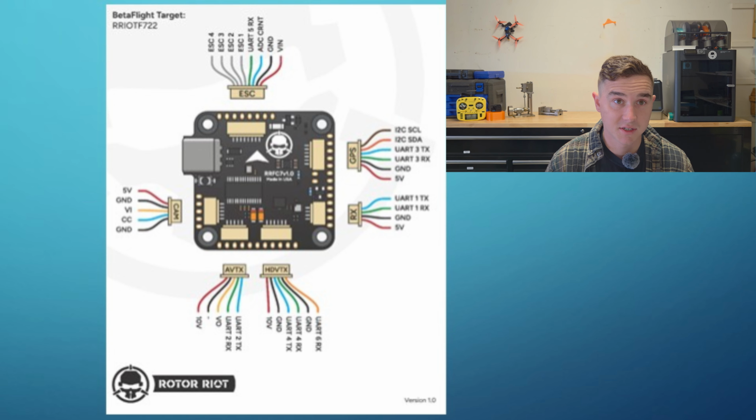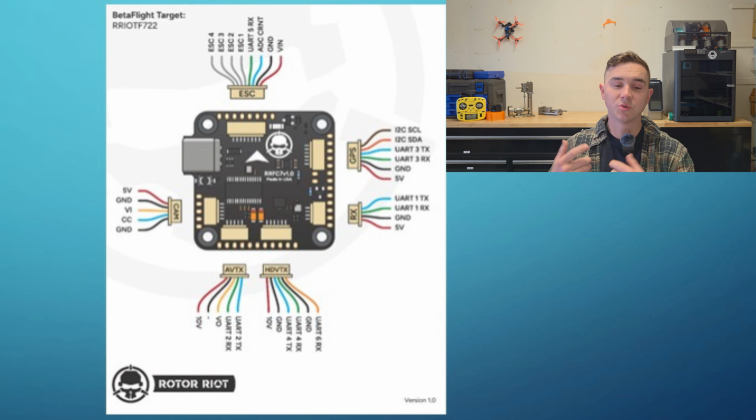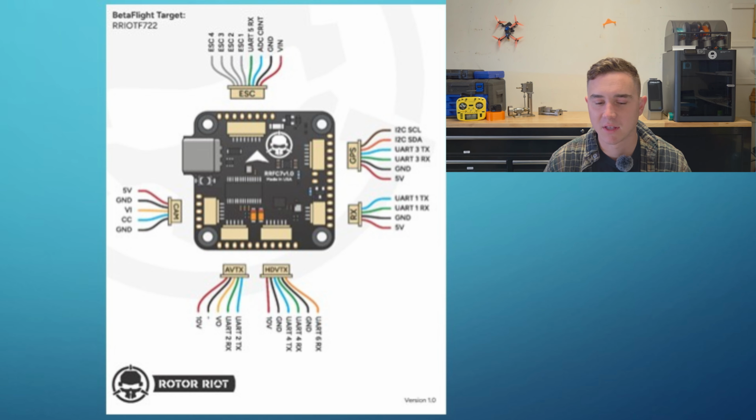ADC current is the sensor that tells the drone how much current is flowing, as well as voltage. GPS, we're not going to get into that, but you can see there's UART 3, TX, and RX. Where it says RX, this flight controller is specifically designed for your radio receiver. Your radio receiver has a TX and RX as well.